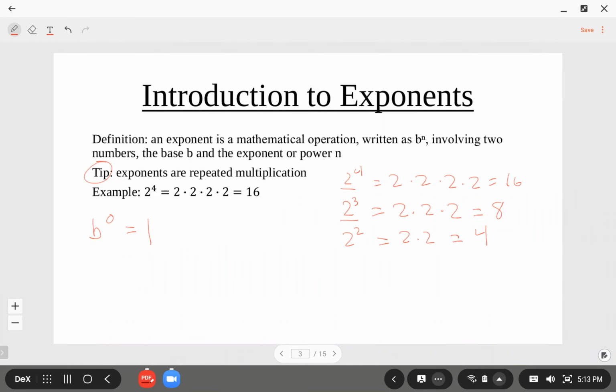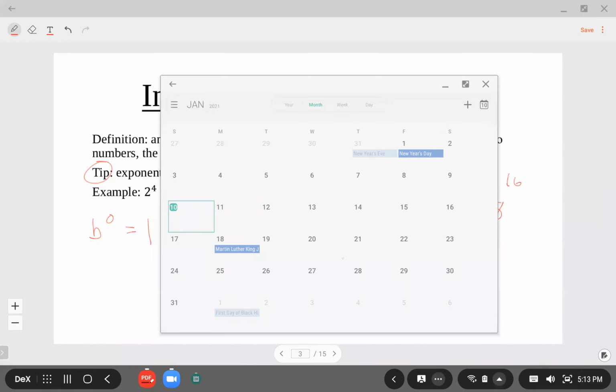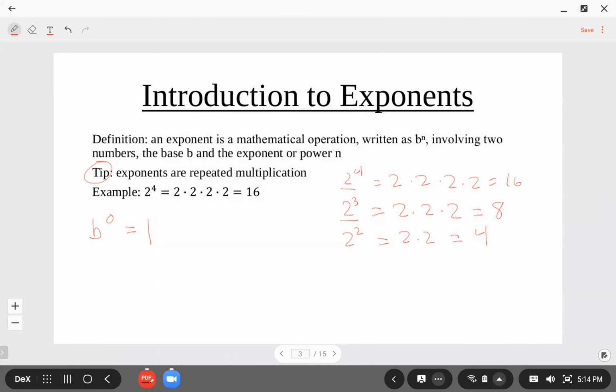You divide by 2. So you divide by the base each time you go down as an exponent. That's basically our pattern here, divide by 2. Same for 2 cubed, 2 squared: 8 to 4, divide by 2, you get it.